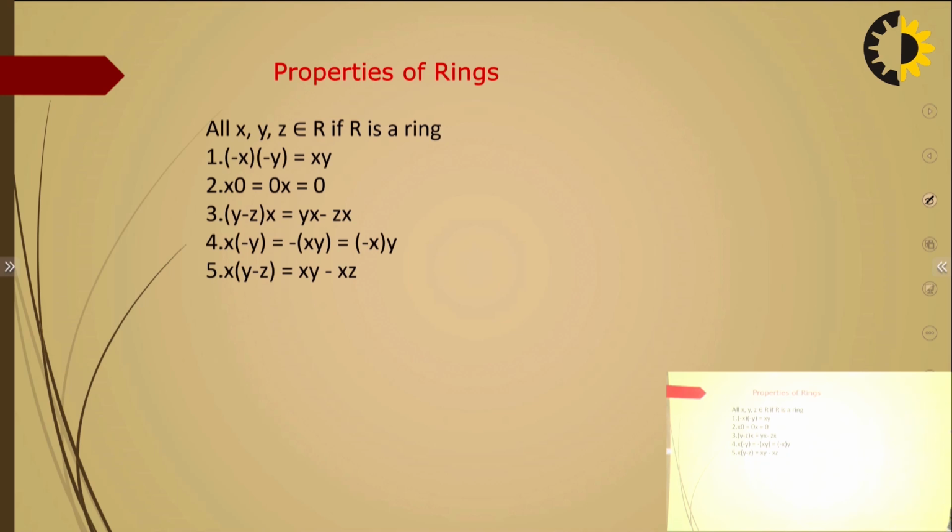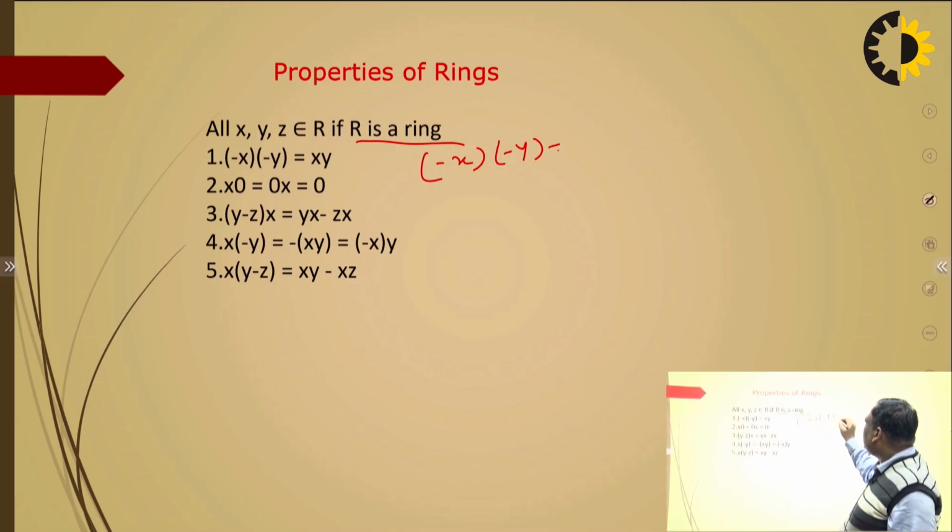Then the properties of a ring. For all x, y, z belonging to R, the first one is minus x into minus y is equivalent to xy.